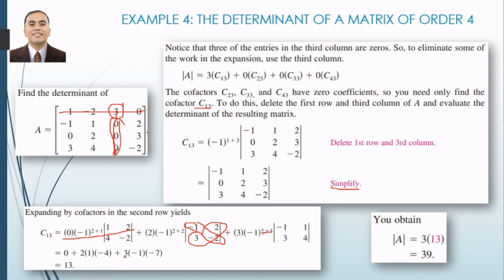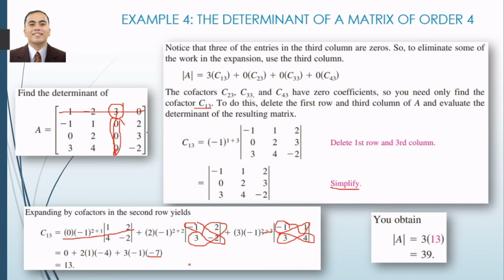So 3 times negative 1 times 1 times negative 1 times 4, that is negative 4. Then minus negative 3 times 1, that is negative 3. So therefore, negative 4 minus 3, it's negative 7.